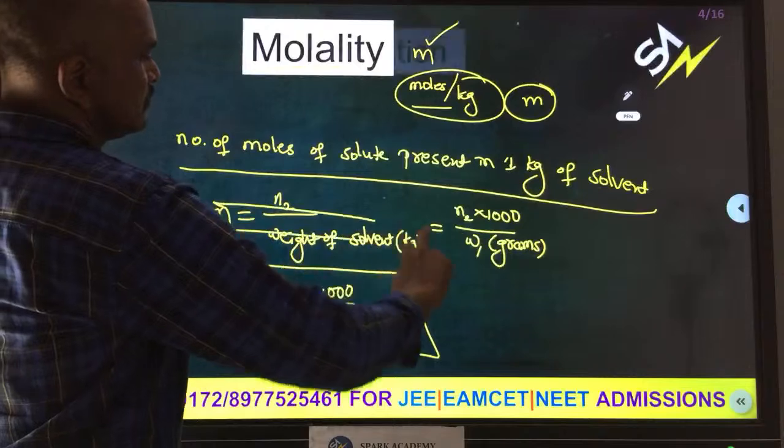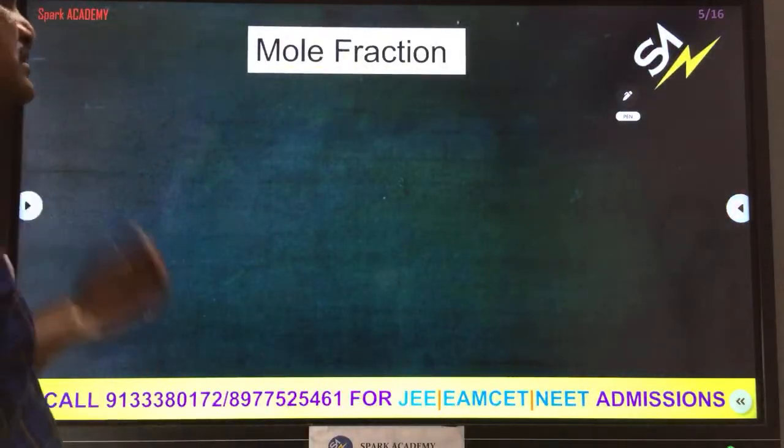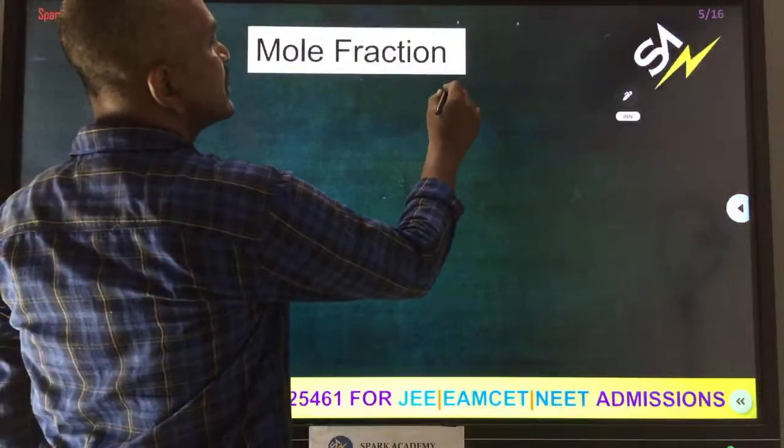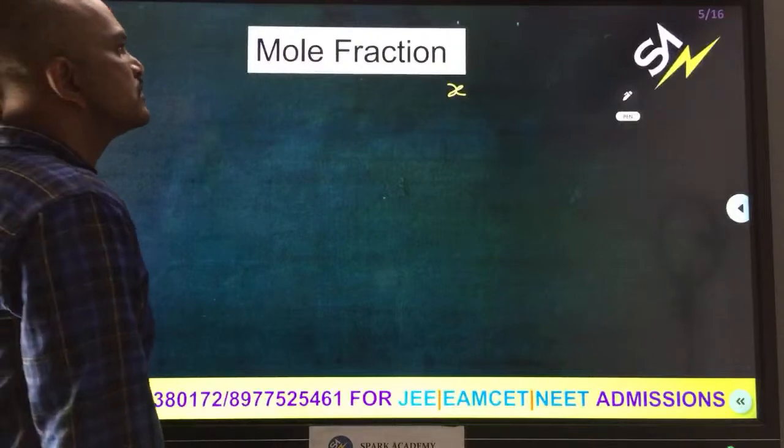Next let us see mole fraction. Mole fraction can be denoted with chi, which is almost like a small x.